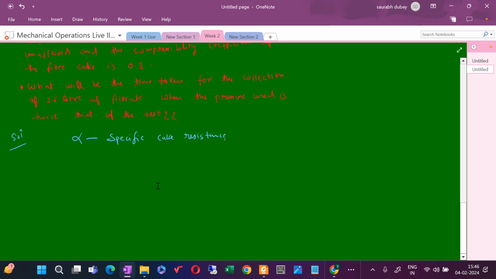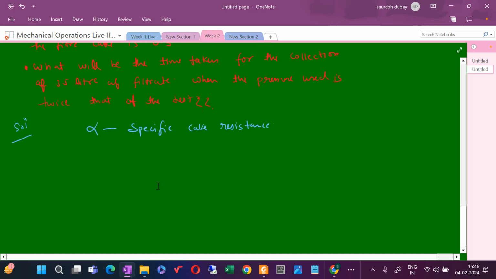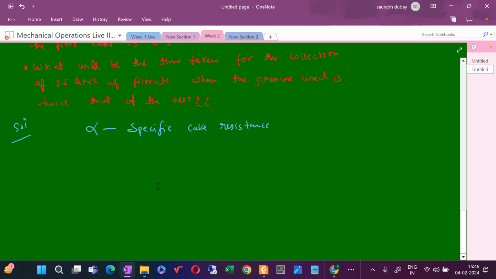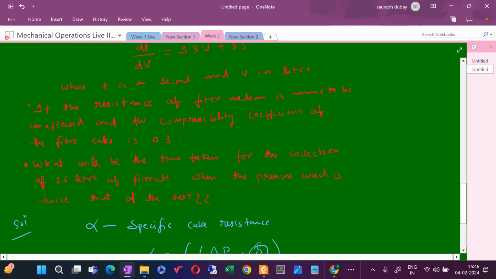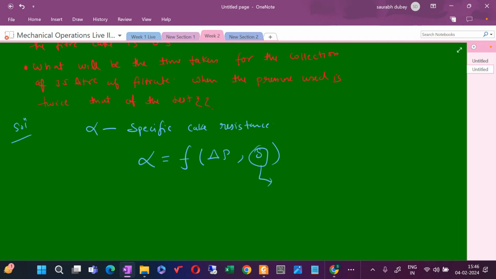So this alpha is the specific cake resistance, and it is a function of delta P and of the compressibility exponent or coefficient.